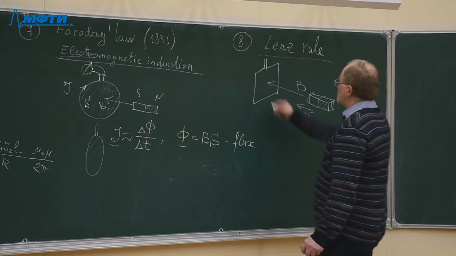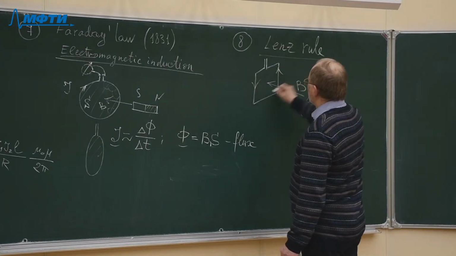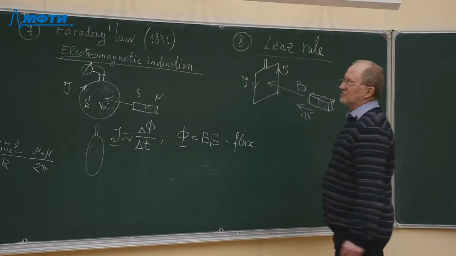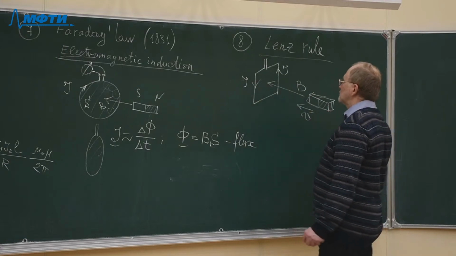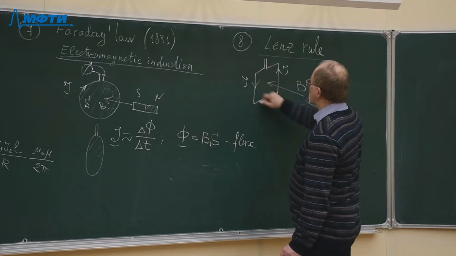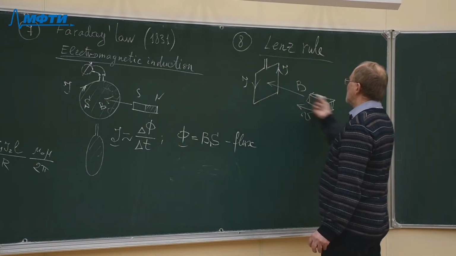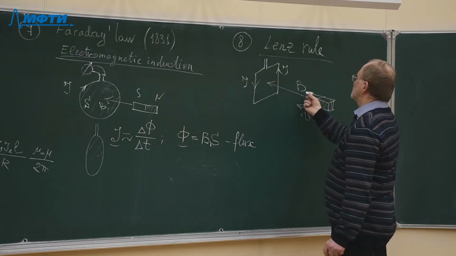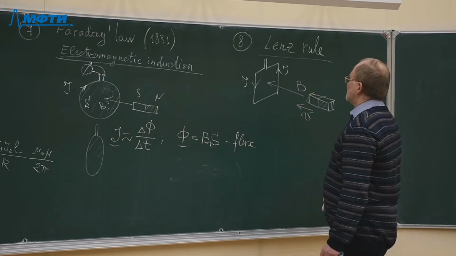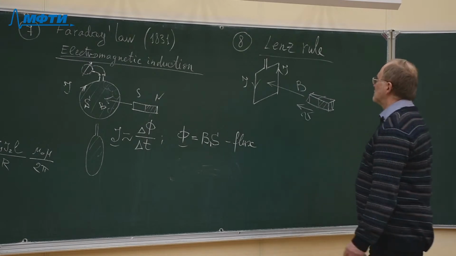Then the direction of the current will be such that this current will create its own magnetic field, which is opposed to the increase of the external magnetic field. So the magnetic field of this loop, of this circular current, should be directed against the increase of the external magnetic field in order to diminish this effect, in order to oppose the increase of the external magnetic field.